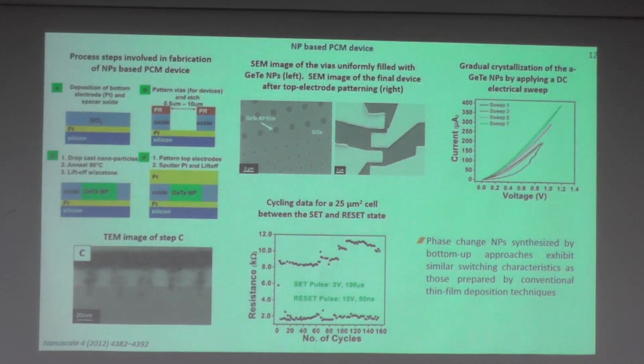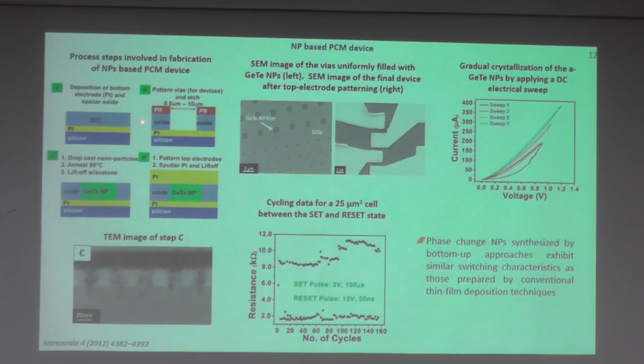So there are also reports on the device integration of nanoparticles. Here you see how the germanium telluride nanoparticles were integrated into the PCM device. So again, here you need a lithography unit, and these are different steps shown here.